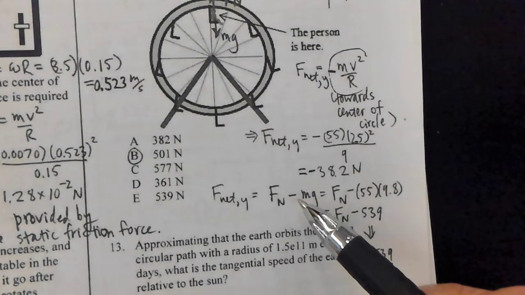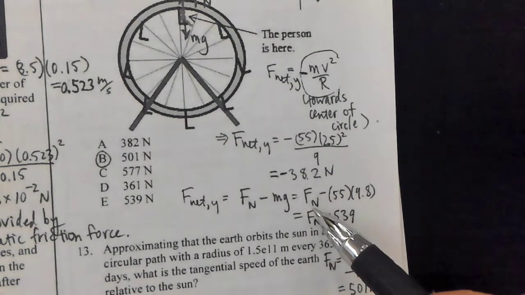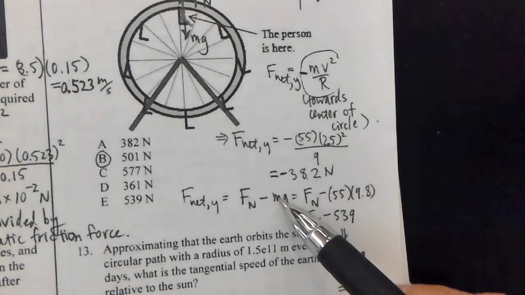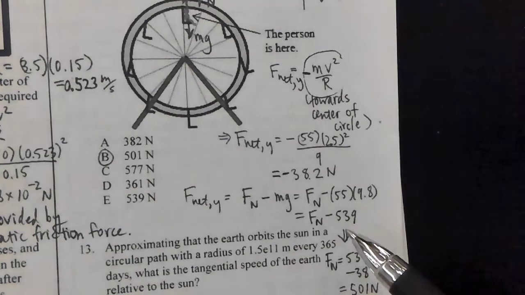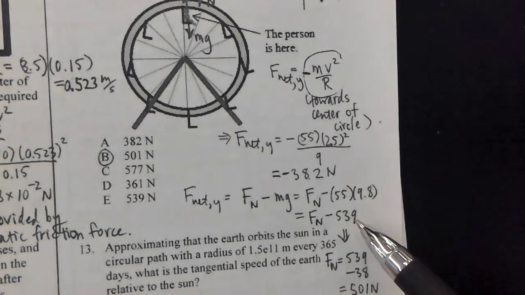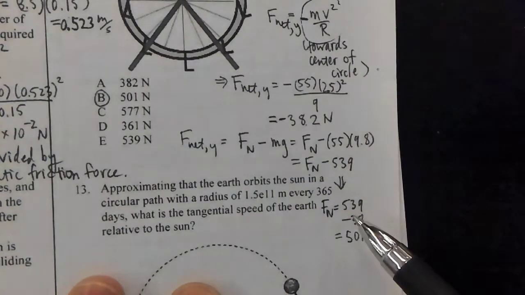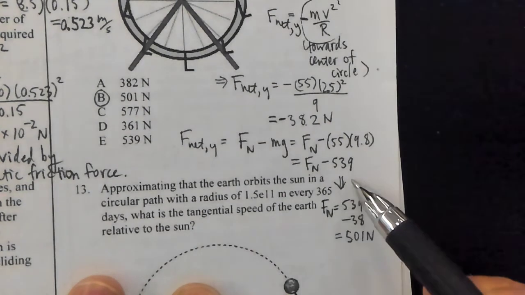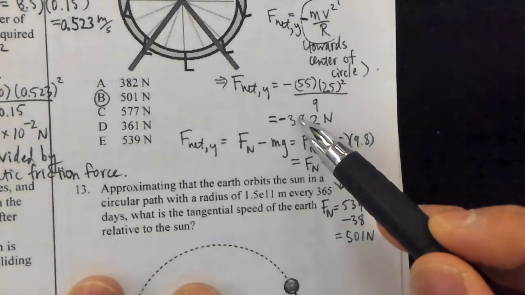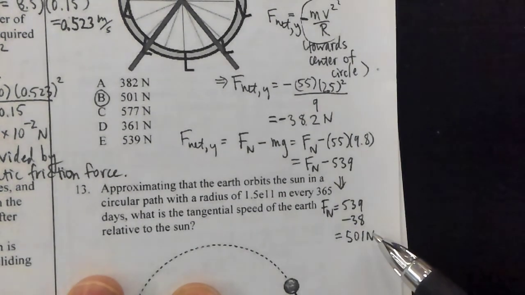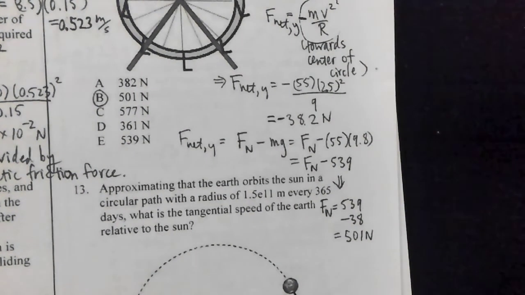So we have Fn minus mg. So we have Fn minus 55 is the mass, 9.8 is g. So then we have Fn minus 539. But we said that the net force must be equal to negative 38.2. So then we end up with Fn is equal to adding 539 to negative 38.2, and you get 501 newtons. Okay? Any questions about that?